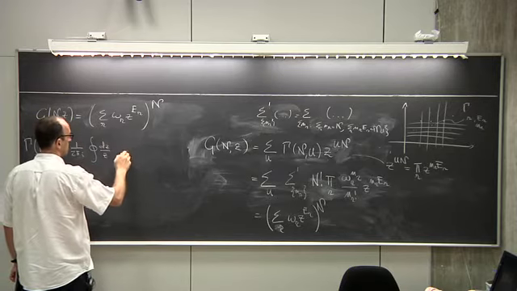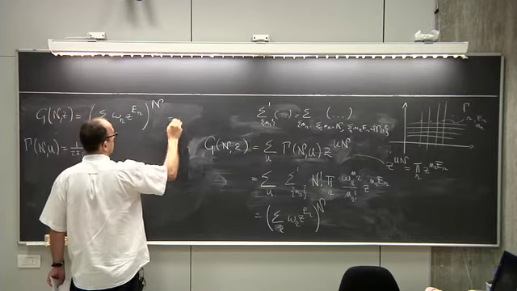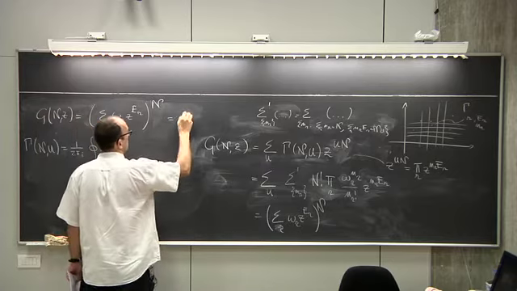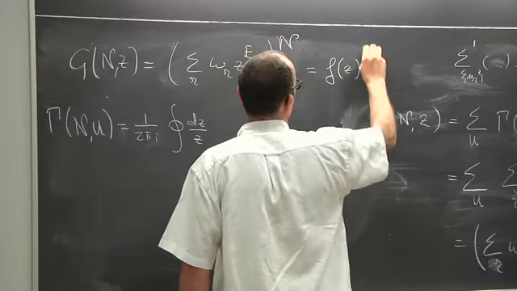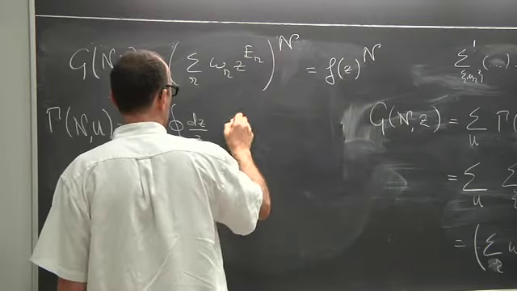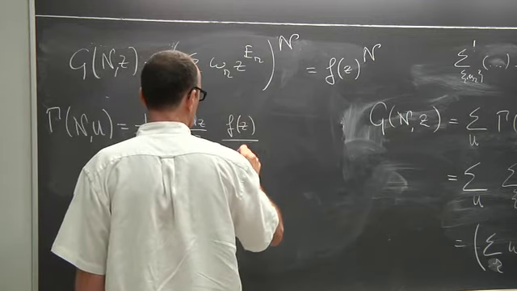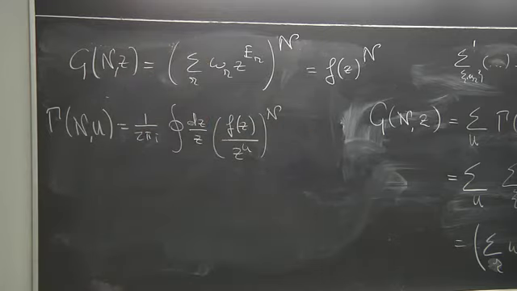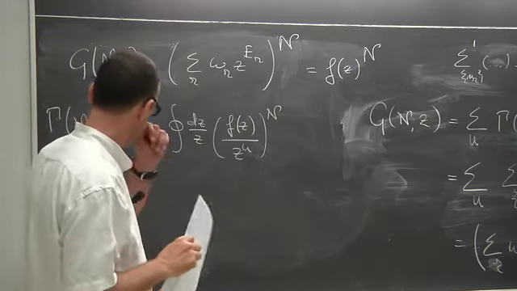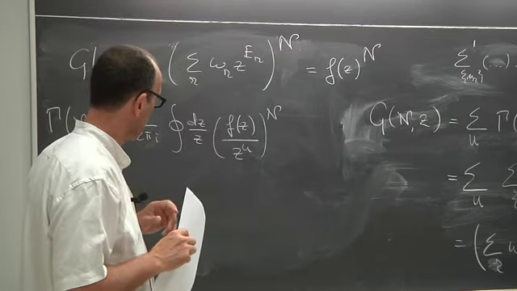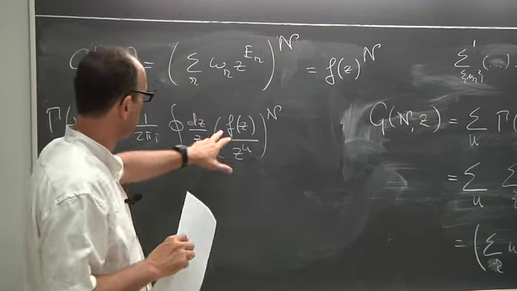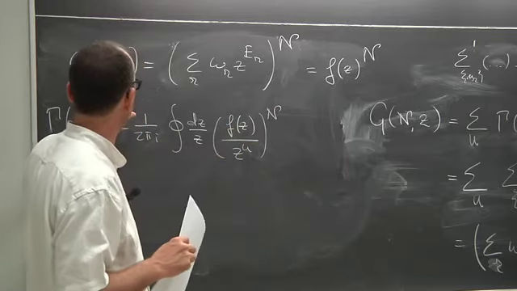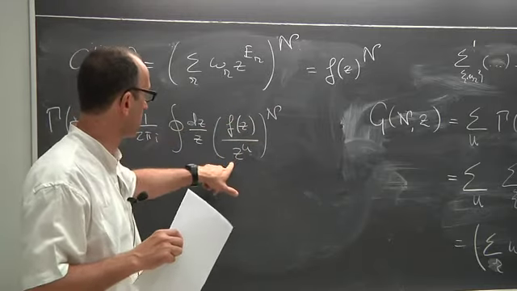So if I write this as f of z to the power n, here I will have f of z divided by z to the u to the power n. This f of z to the n is just g of n, and then there is z to the u times n.